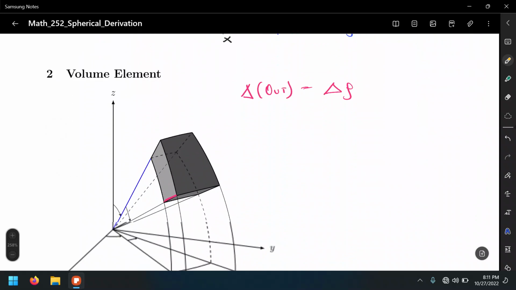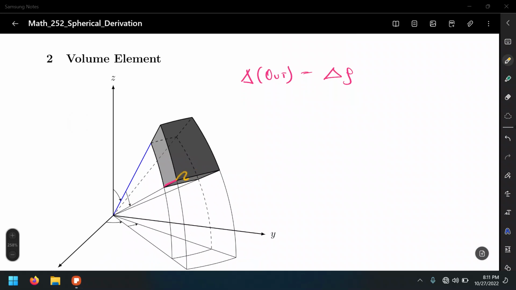So let's look at the horizontal angle. Let's call that delta around. That's around the sphere.